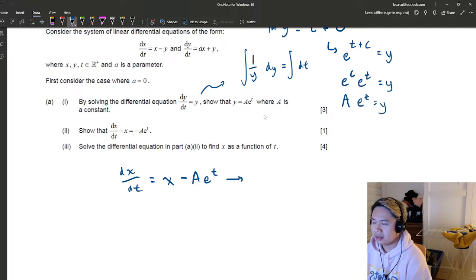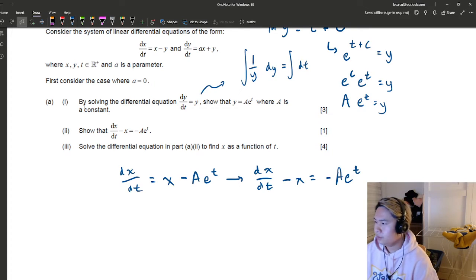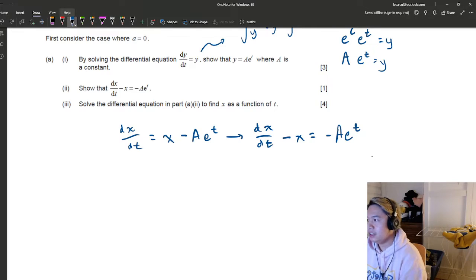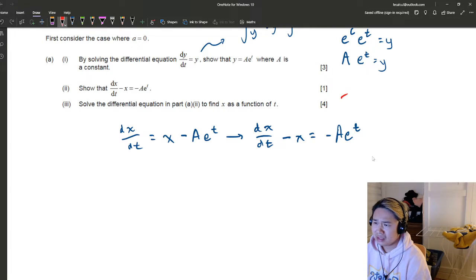And this is obviously what you need to show when you subtract x. Okay. Now solve the differential equation in part a(ii) and find x as a function of t. So they want you to solve this, and the way this is formatted, you have to use an integrating factor.